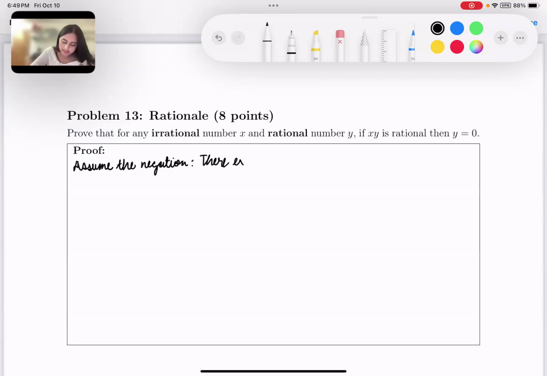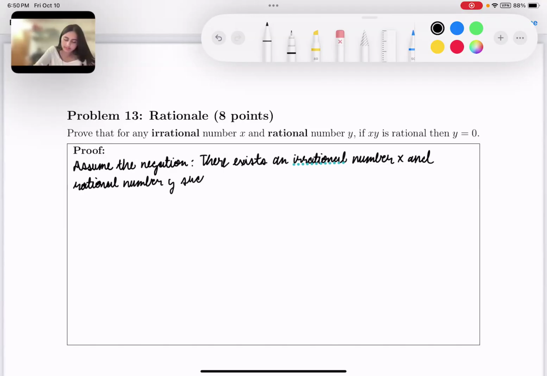There exists an irrational number x and rational number y such that xy is rational and y is not equal to 0.